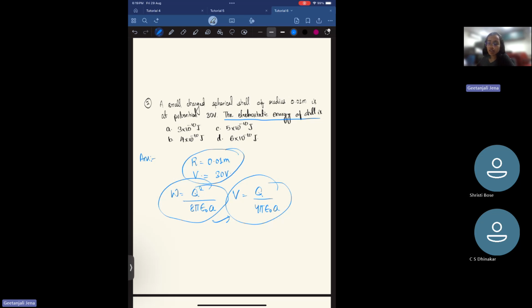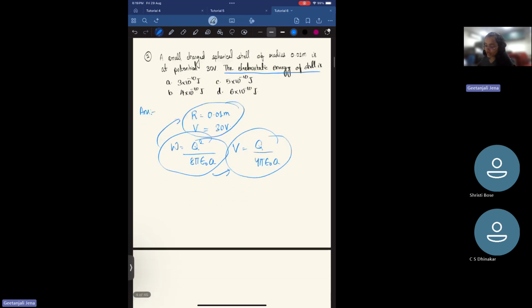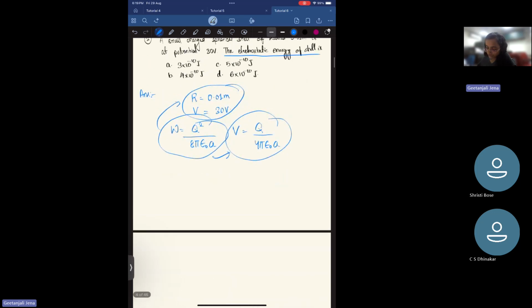Express the electrostatic energy in terms of these parameters, then solve the problem. So W is q square by 8 pi epsilon naught A. You can square the potential so that you can compare it.